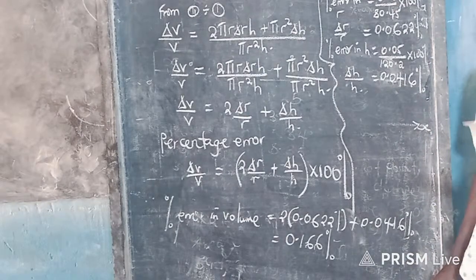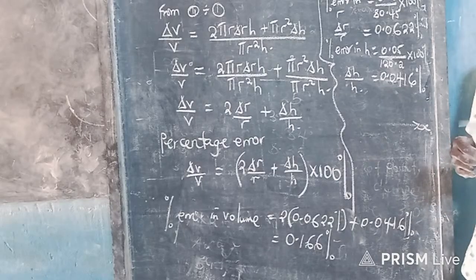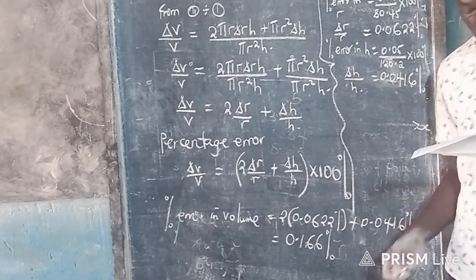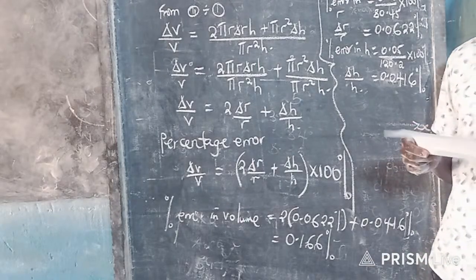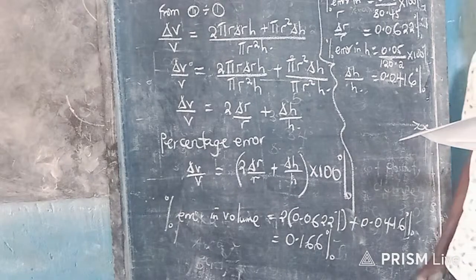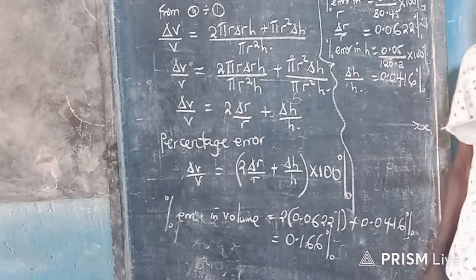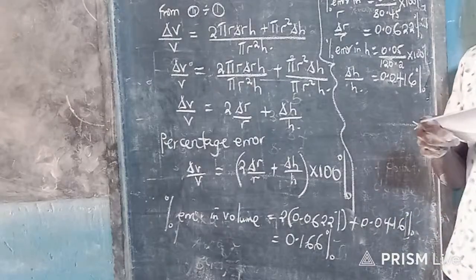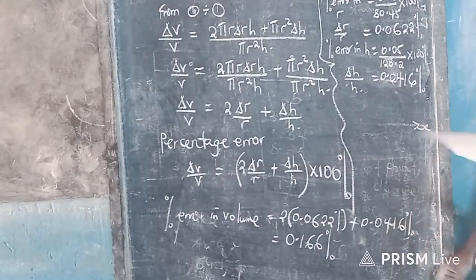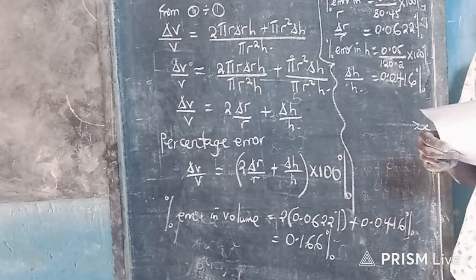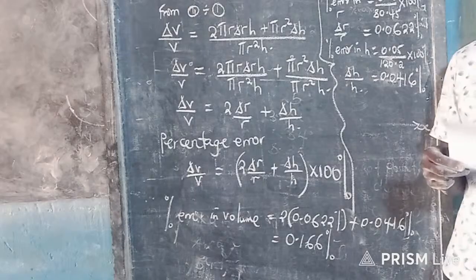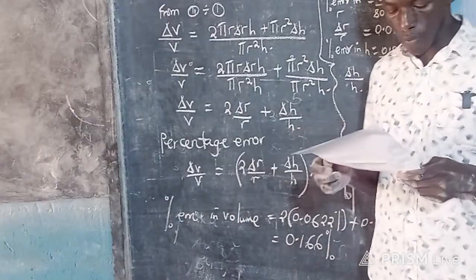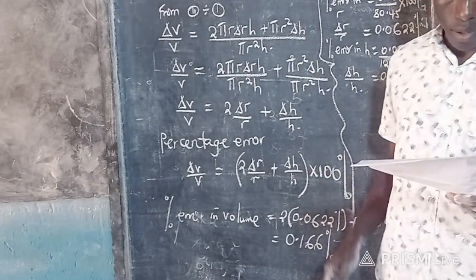The statement says that they will determine the percentage error in the volume of the culvert, and proceed with the purchase if the percentage error is less than 1.0%. So we can conclude by saying they will proceed with the purchase of a cylindrical concrete culvert for the drainage system since the percentage error in its volume is less than 1%. So that was item 1 under the mock called UNNASE.